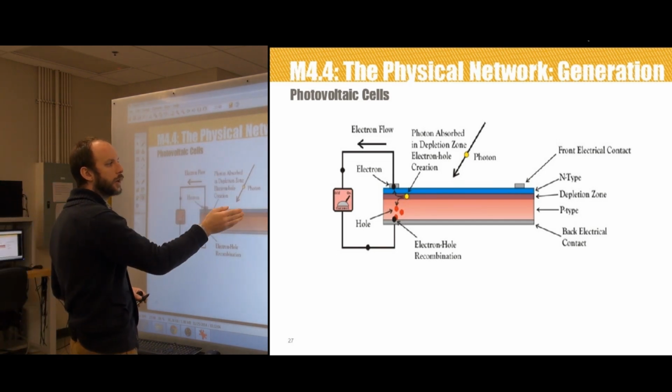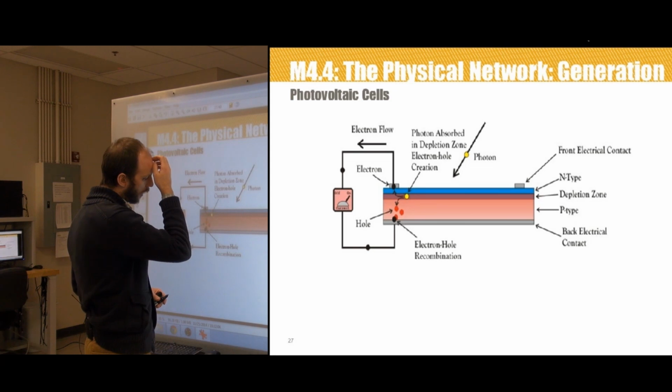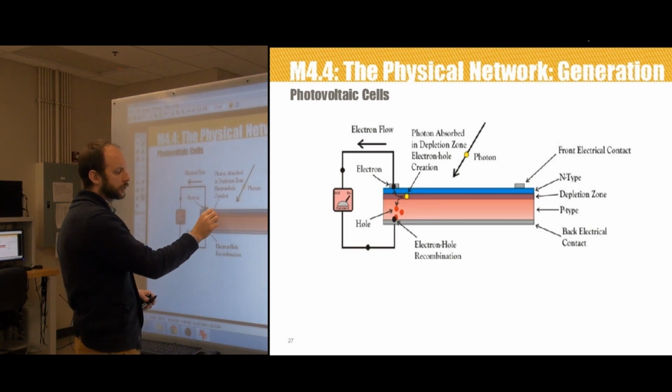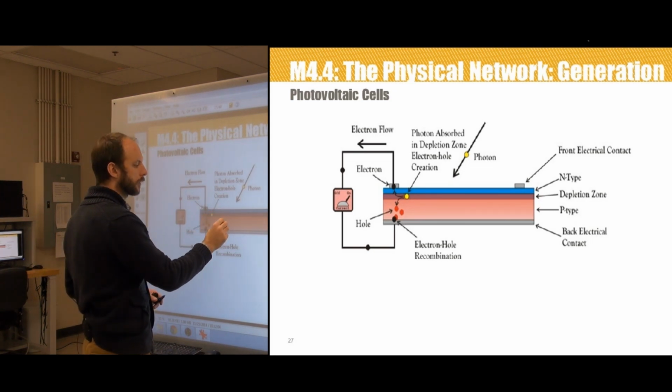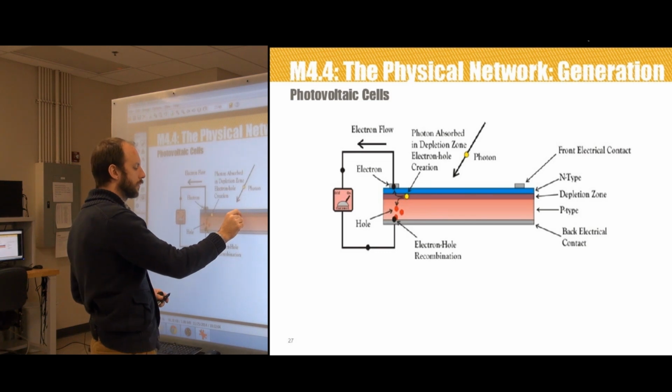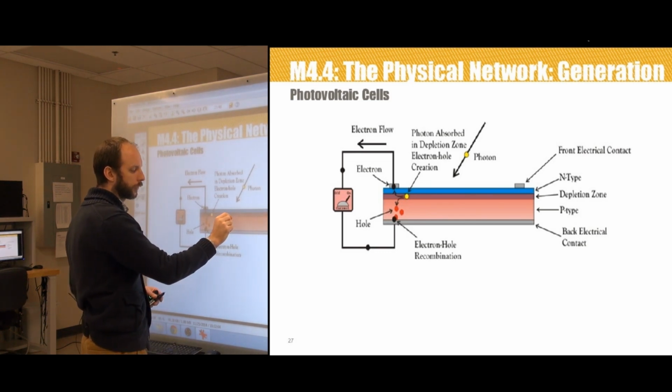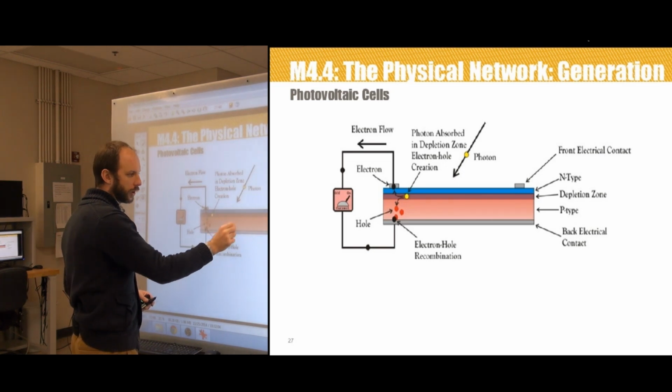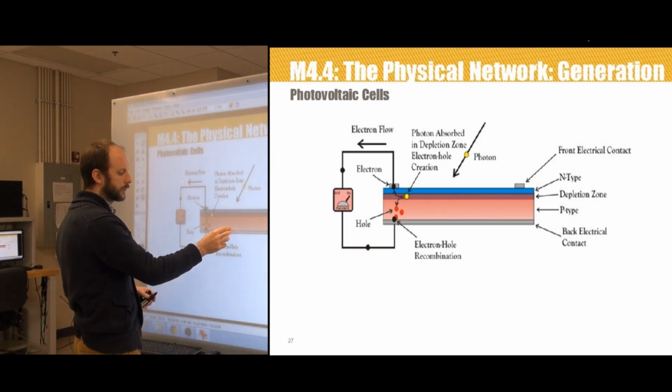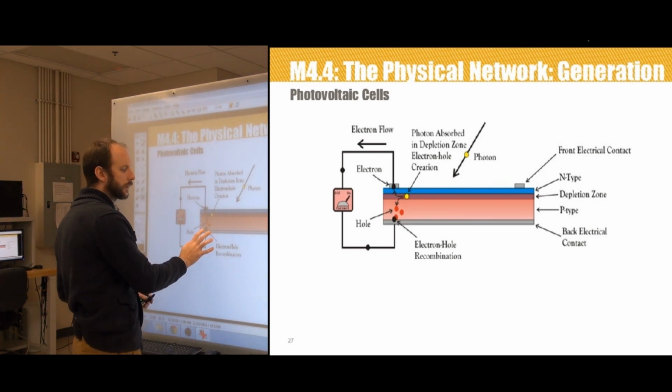Some sort of photon strikes the N-type material. What then happens is an electron hole pair is created in the N-type material due to the electric field built into the depletion zone. Holes are sucked across the depletion zone into the P-type material, resulting in a collection of holes in the P side.